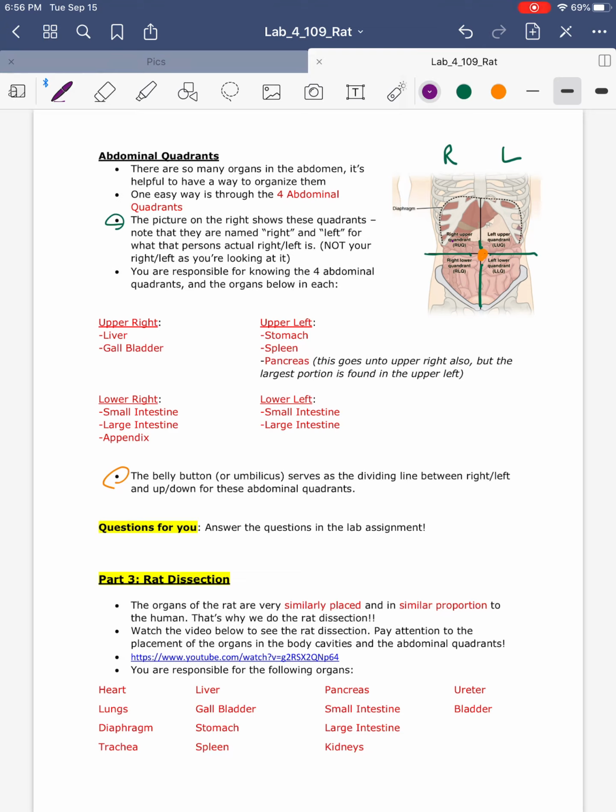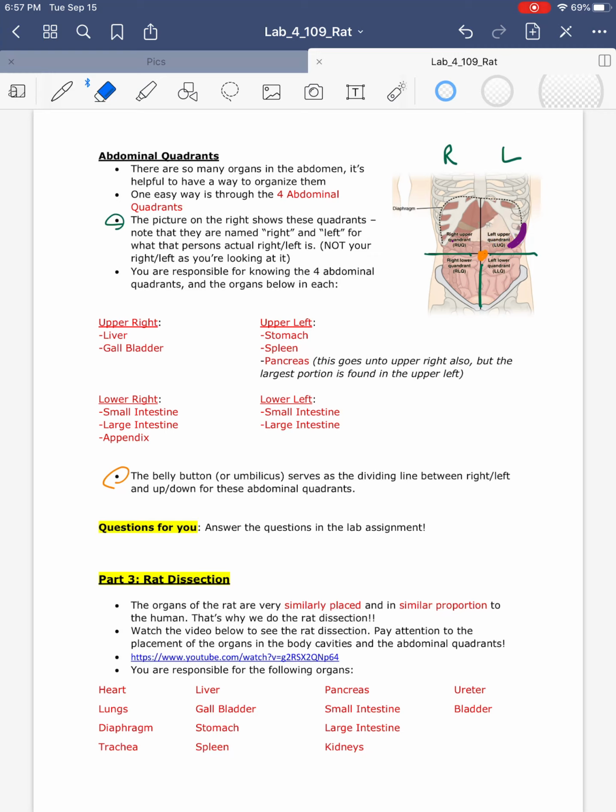Upper left quadrant, we have the stomach, which is shown here. That's our stomach. And then it's kind of hard to see here, but the spleen comes around on the side like this. So the two S's, upper left quadrant, stomach and spleen.